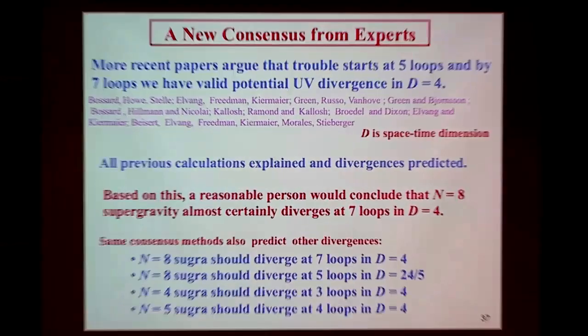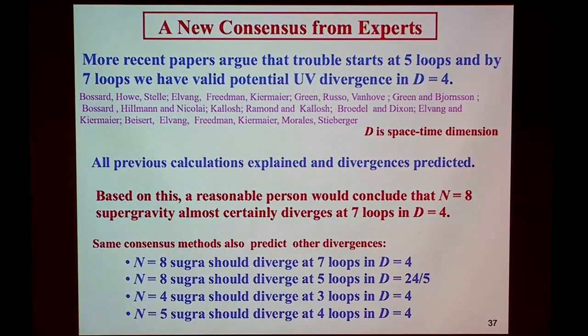Now, you know what's going to happen if you do a calculation like that. People will say, well, that's a great calculation you guys did. But, you know, you're going to have trouble starting at 5 loops. But by now, a lot of people got really interested in this because it looked like something unusual was going on. A lot of people started working on it. In some time, they were able to explain all our previous results.